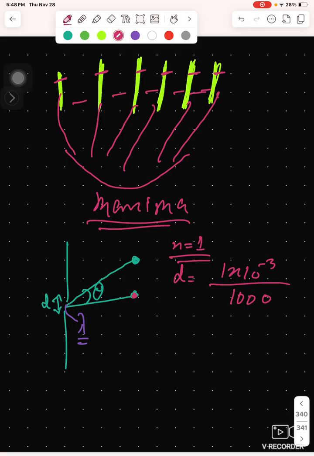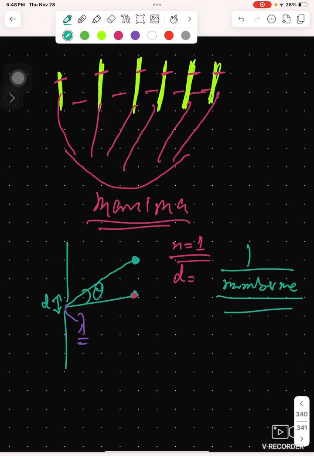We will use the values which are 1 over number of lines per meter. Since our values were in millimeters, we convert it and then we find our d. I will not solve it, I will just tell how to do it. This is how we found d. Theta is already given. Sometimes they give something else. It depends on what we have to find, so it changes like that.